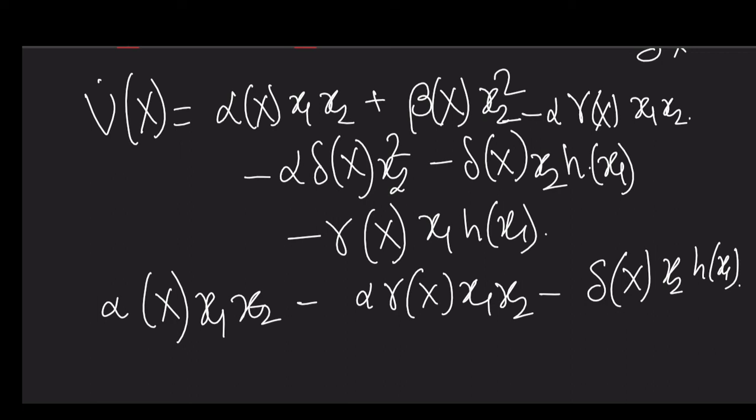However, this one may give you an impression that it has cross terms or sign indefiniteness, but if you observe minutely, you will see that this is x1 and this is h x1.